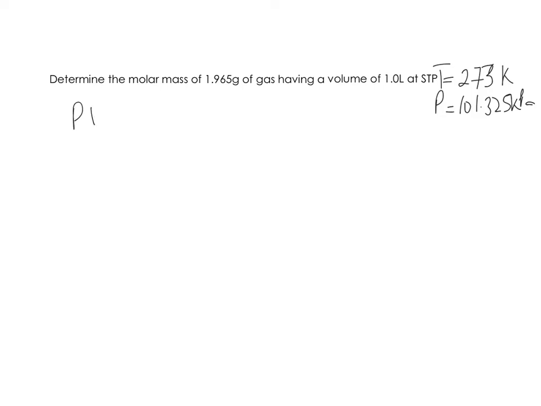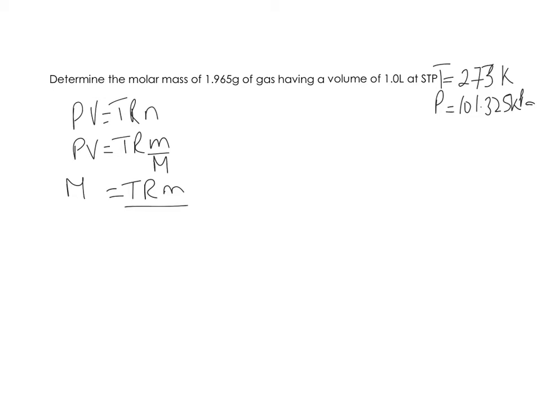So PV equals nRT. Substitute in the formula mass over molar mass. Rearrange to solve for molar mass and plug in our values.